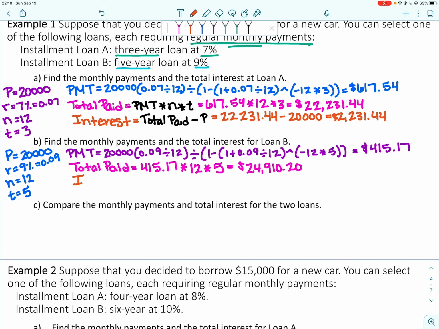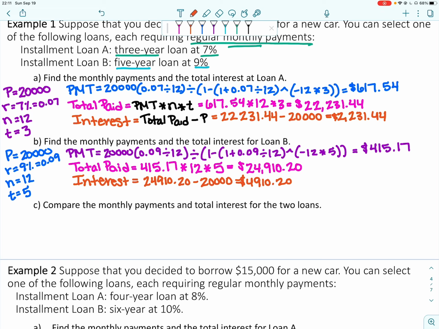So then our interest is the difference between how much we paid in total and how much we borrowed. So $4,910.20.